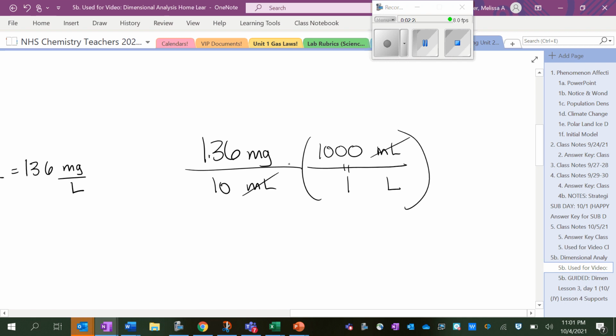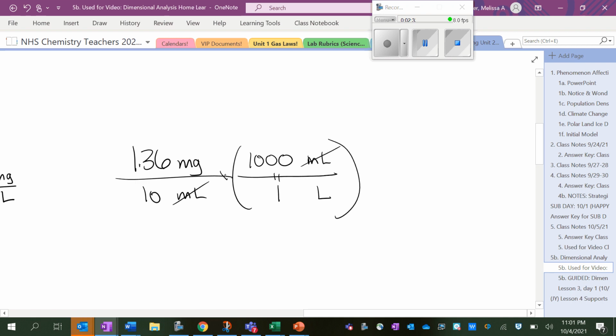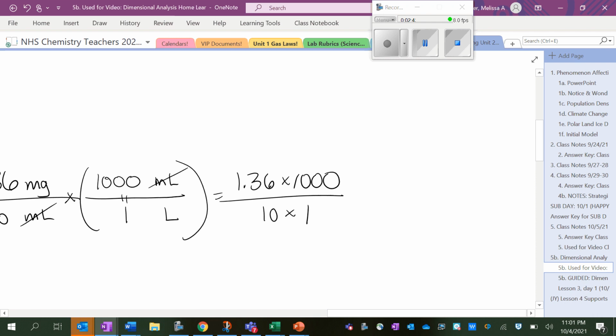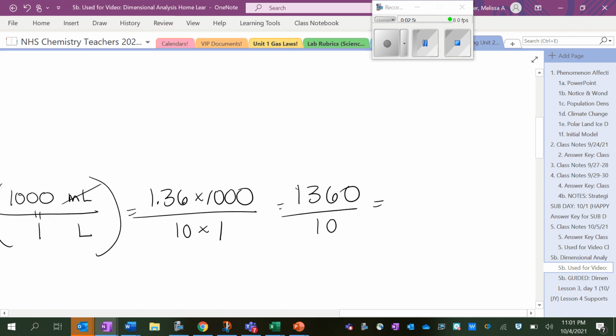If I cancel out milliliters because they're on the top and the bottom, and this is like a multiplication sign here, I multiply everything on the top, always, divide by anything on the bottom, and then I'm going to get my final answer. So I'm going to get 1,360 divided by 10, which is 136 milligrams for every liter.